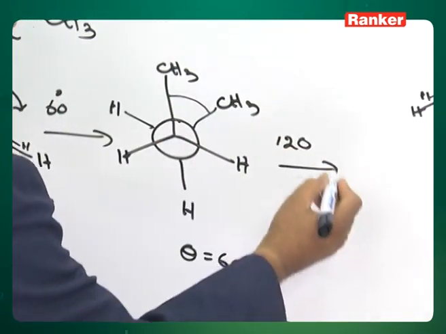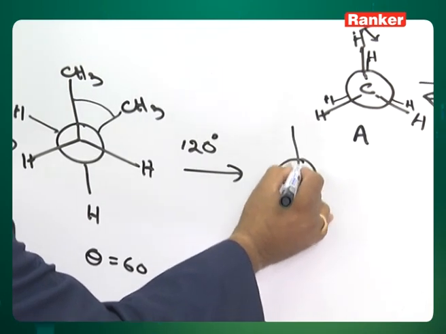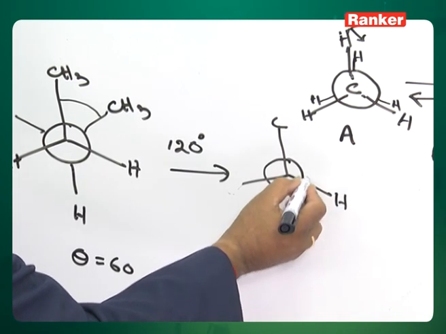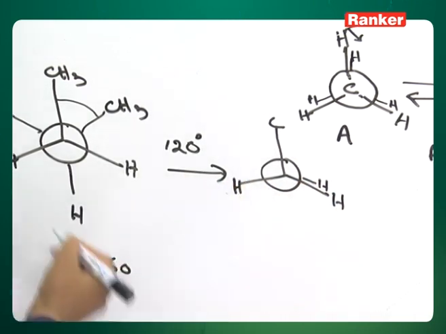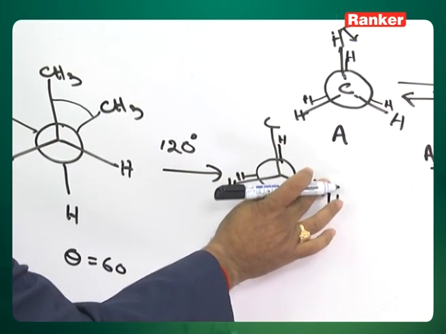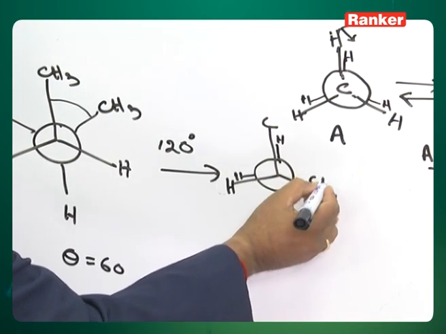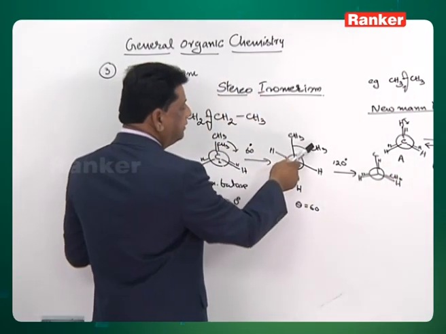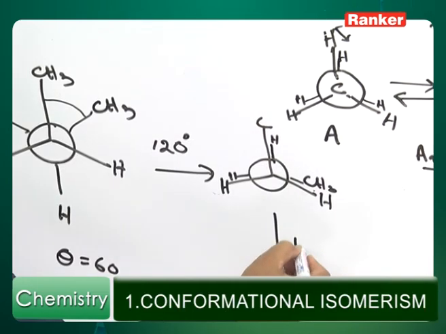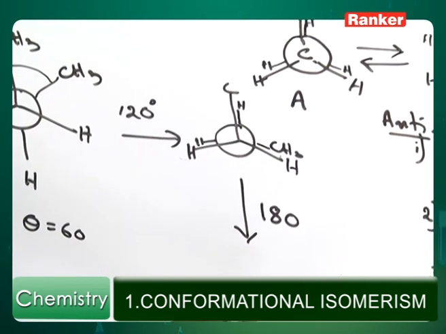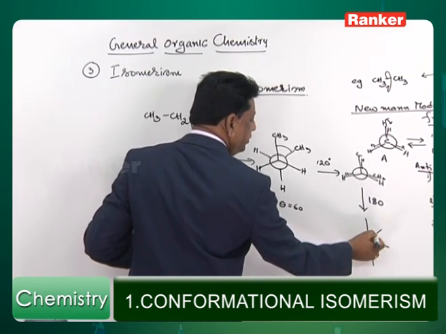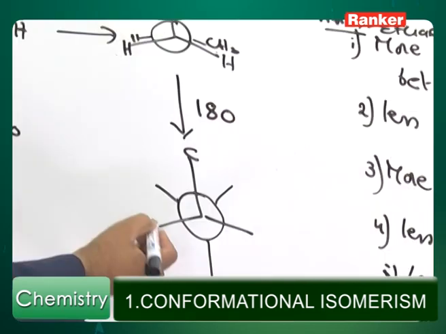From here to here, 120 degrees, if you rotate, the first methyl will be as it is, and the second methyl will come behind the first hydrogen. So the methyl has come to the back side of this hydrogen. Still rotate one more 60, total is 180 degrees. Then the first methyl will be upside, and the second methyl will be opposite to the first methyl. The rest are the hydrogens.